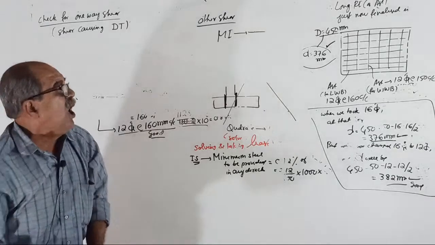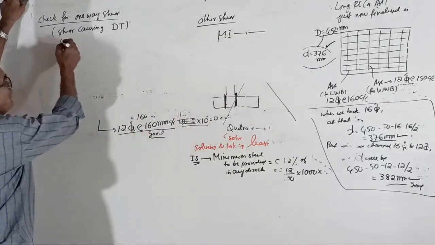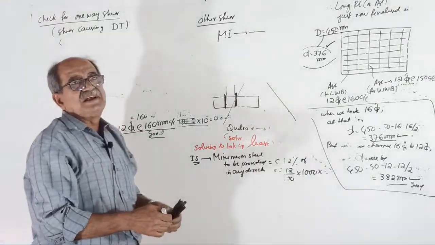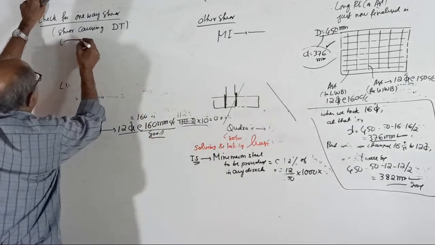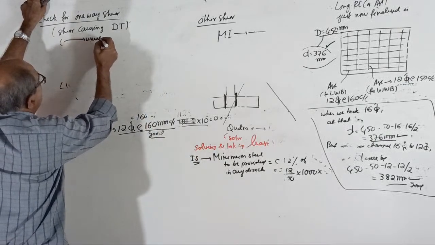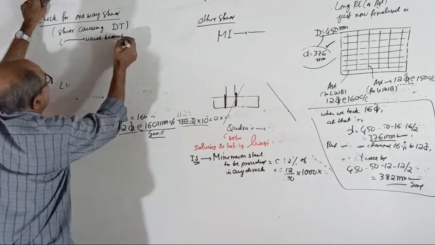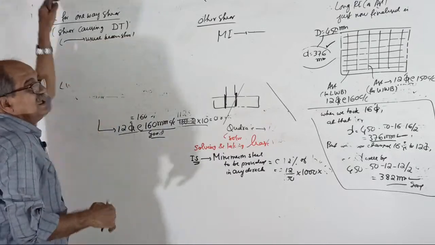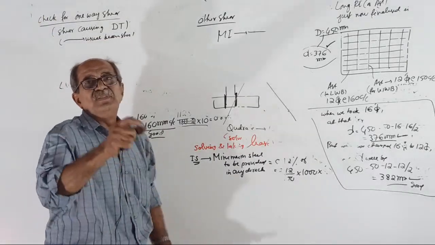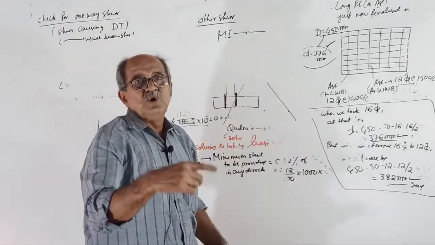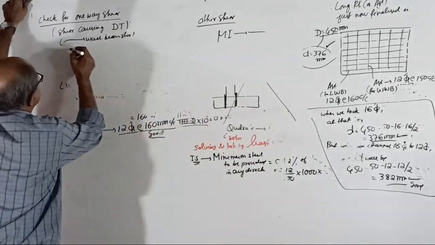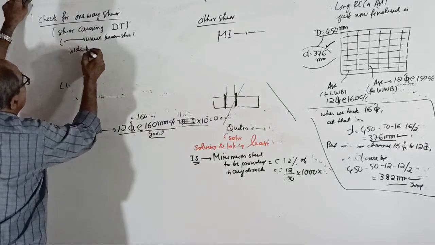Diagonal tension. Or you can tell, when you apply the check, it is like a beam shear, your usual beam shear. In the case of beams, the width is lesser; in the case of foundation, the width is more. So sometimes people call it wide beam shear.